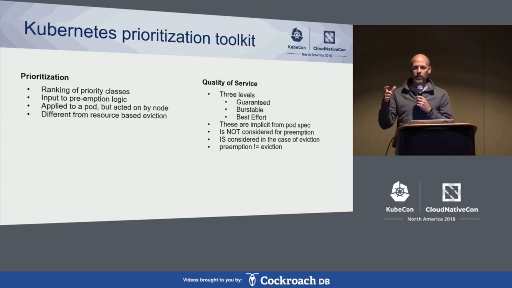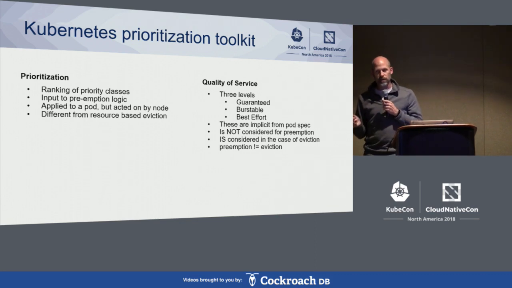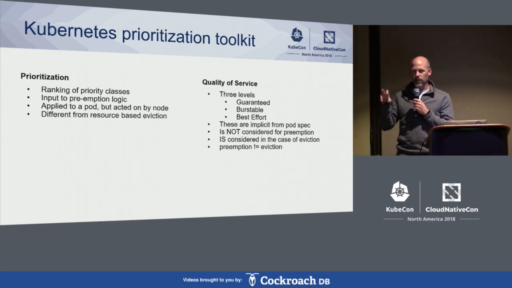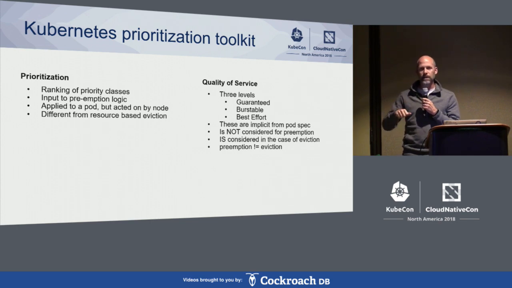If it is a high priority workload, it will look across nodes and try to find nodes with lower priority currently running workloads to actually preempt and kick out, which is separate from eviction, because eviction is when the node itself becomes constrained and the Kubernetes control plane simply needs to recognize that this node is being overtaxed and something needs to be removed, period.